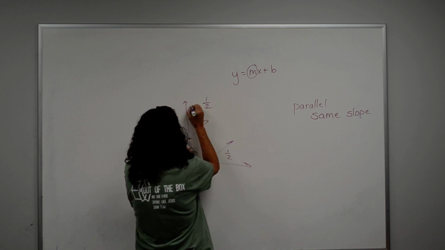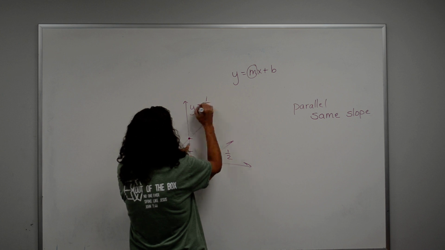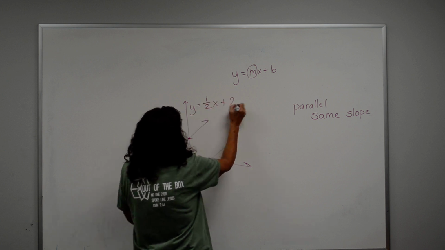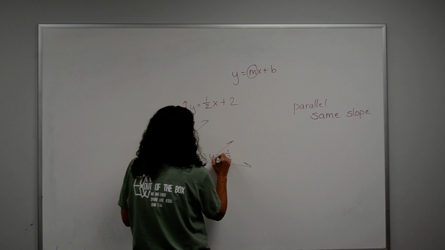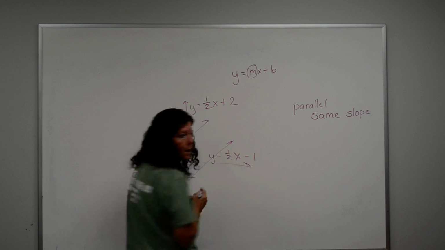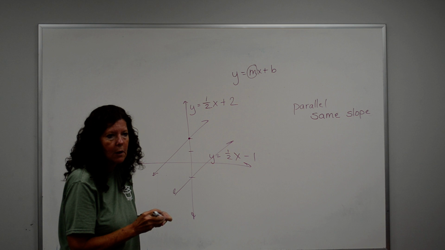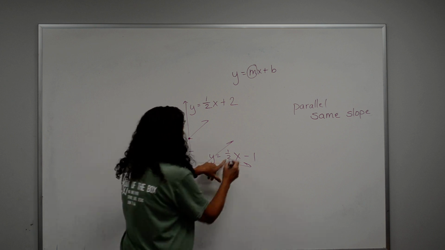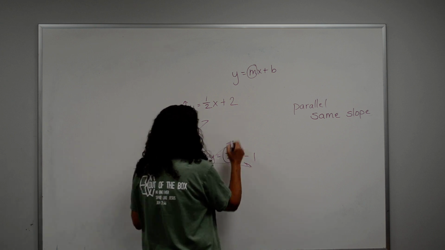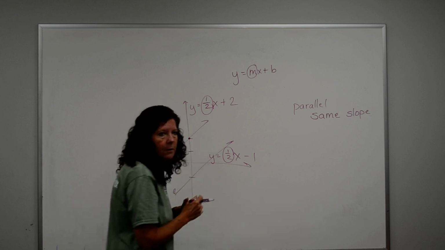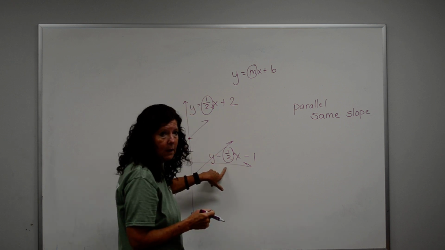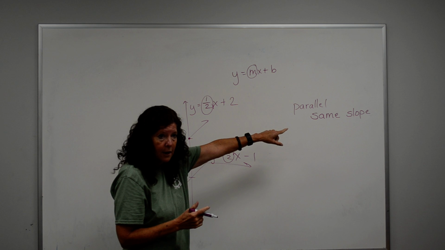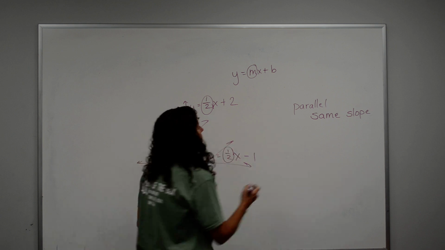So this one might be y is equal to 1/2 x plus 2. And this is y is equal to 1/2 x minus 1. That might be the equation of those two lines. Okay? So this is this slope and this is this slope. Those slopes match, right? Therefore, I know that they're parallel lines.